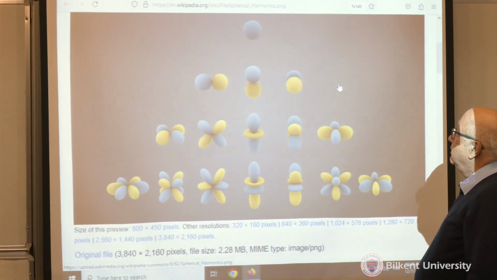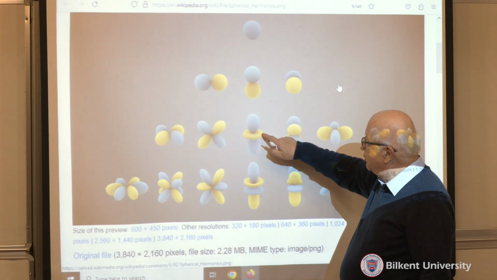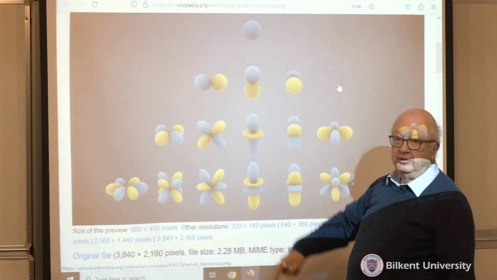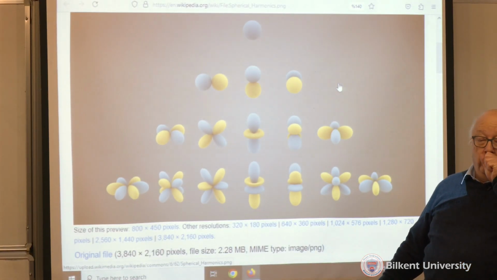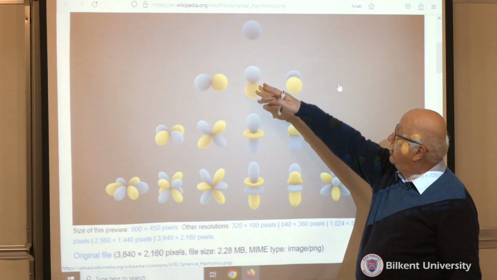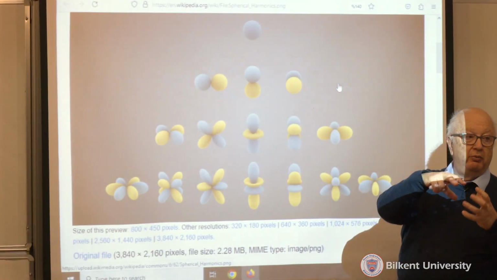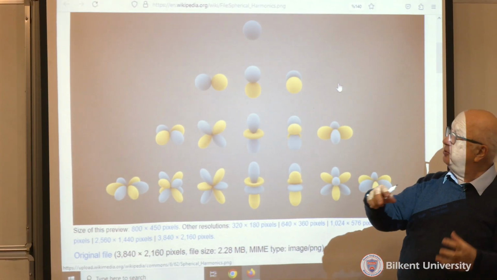But then you can say also that it's warmer near the equator and colder near the poles. So you have all these contributions that come in that give you more and more detail about the angular distribution of that.